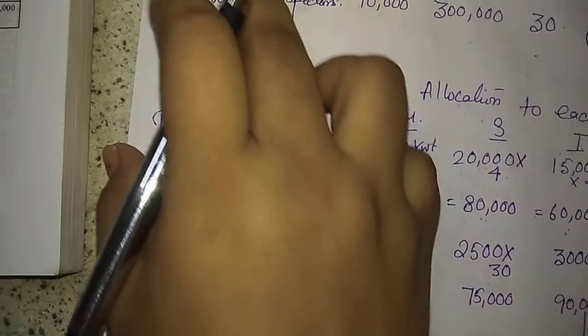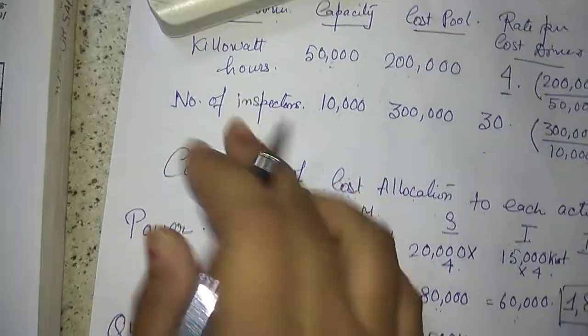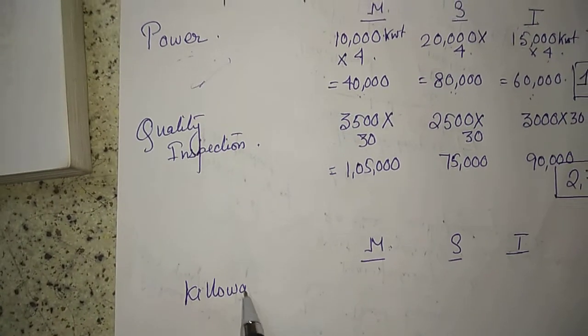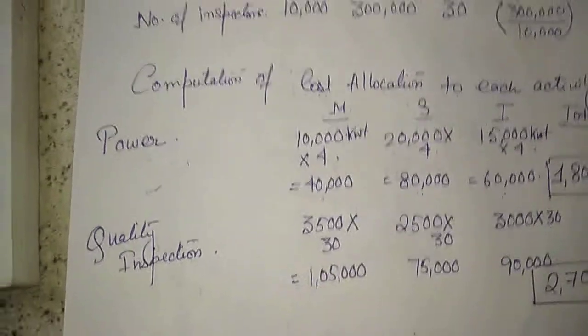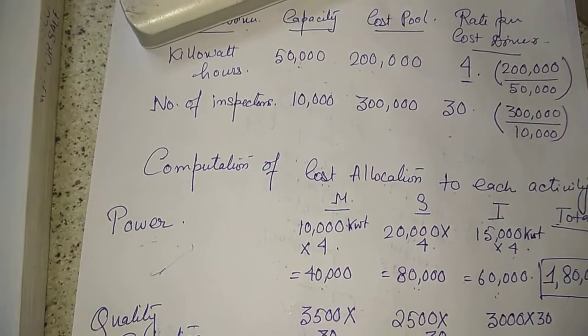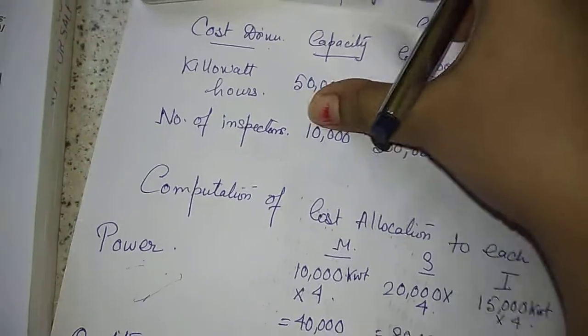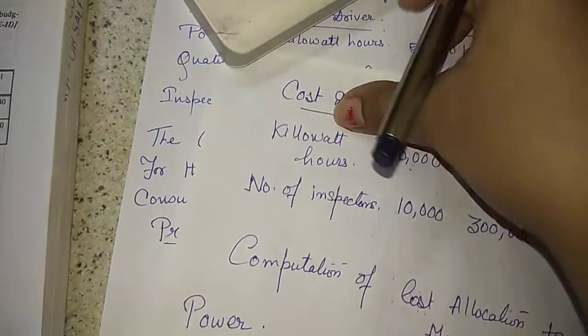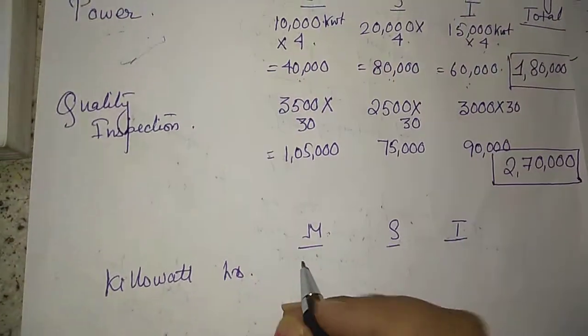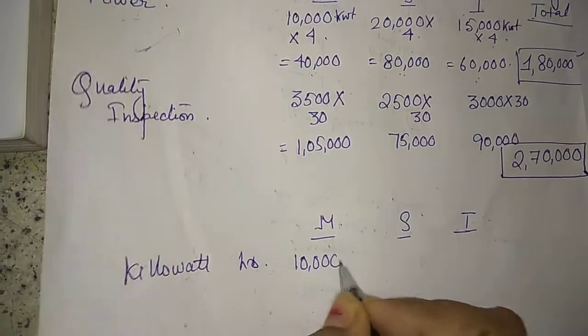What are my cost drivers? The first cost driver is kilowatt hours. How much kilowatt hours for M? 10,000. For S, 20,000.